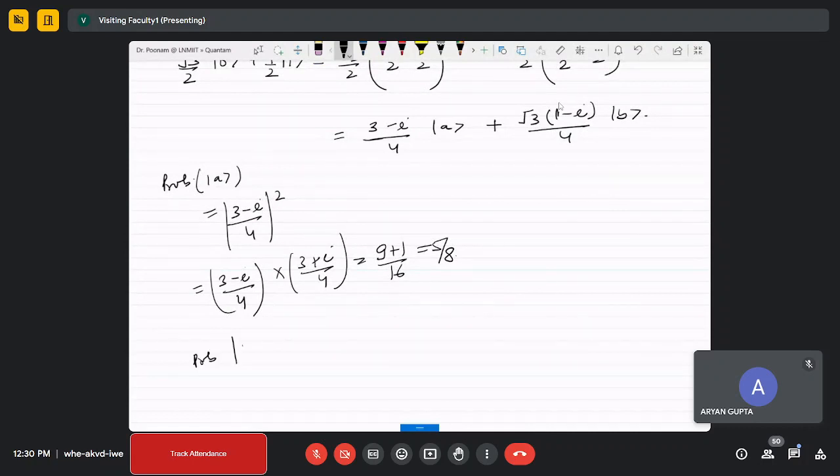And for the other one, probability of finding in B will be root complex conjugate, which is 3 upon 8. So this is how you can convert the given qubit in any basis to another basis.